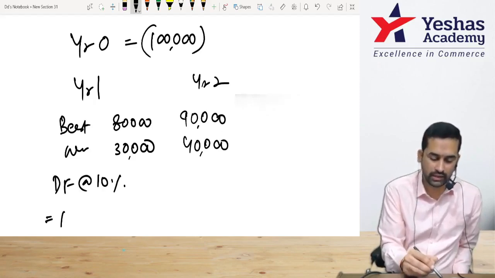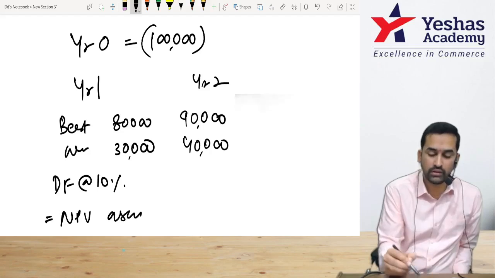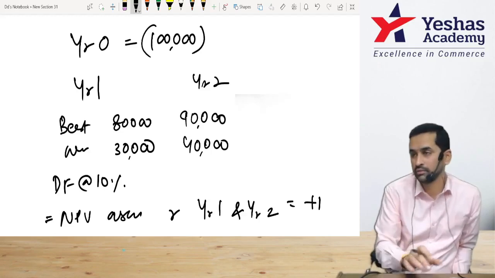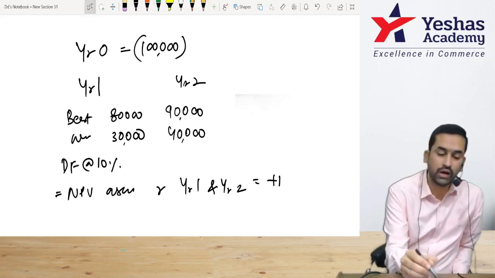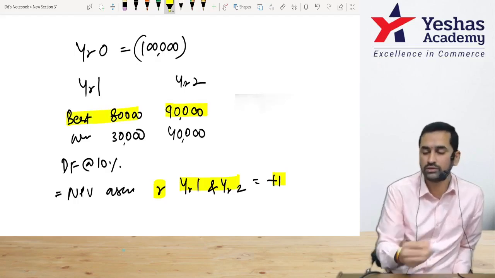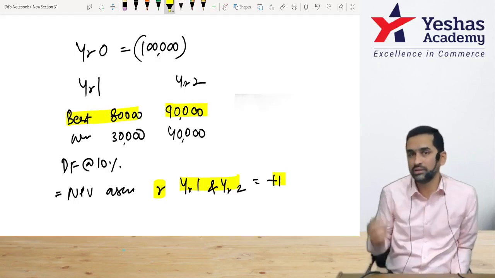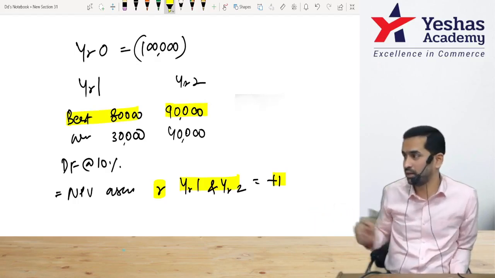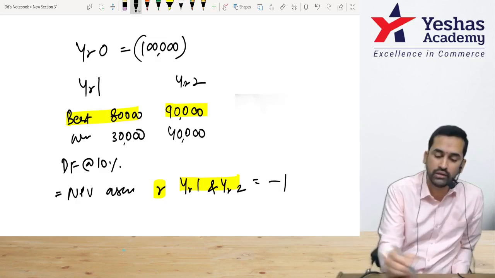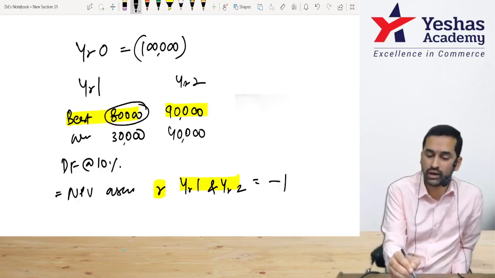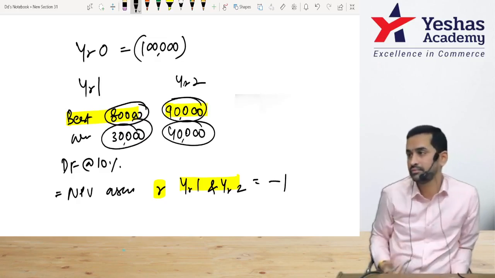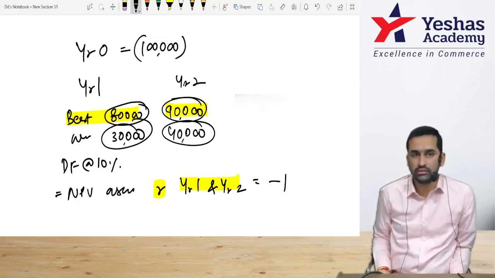What if they say calculate NPV assuming that R between year 1 and year 2 is equal to +1? Now what is the meaning of R between year 1 and 2 is +1? If this is 80,000, this has to be 90,000 because these are strong positively correlated, correct? If they say R is equal to -1, then if you take 80,000 for first year, you have to take 40,000 for second year, or it can be even this and this, correct?